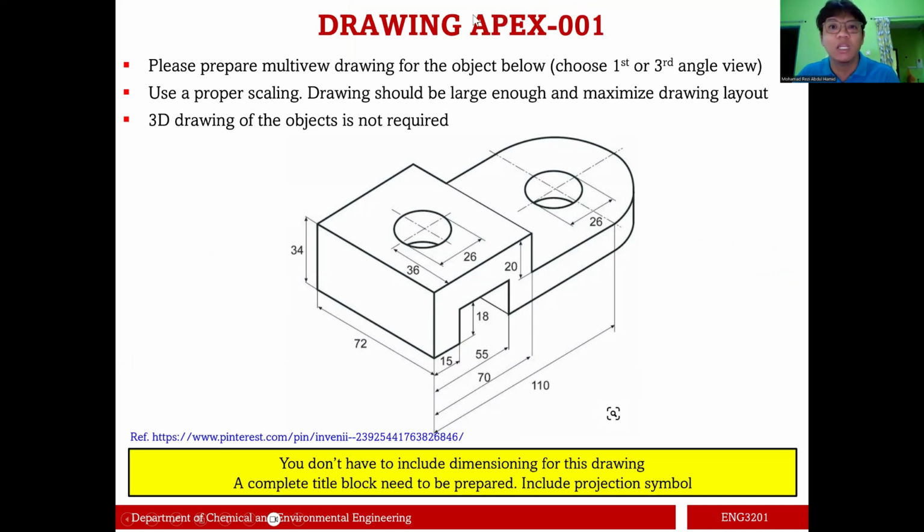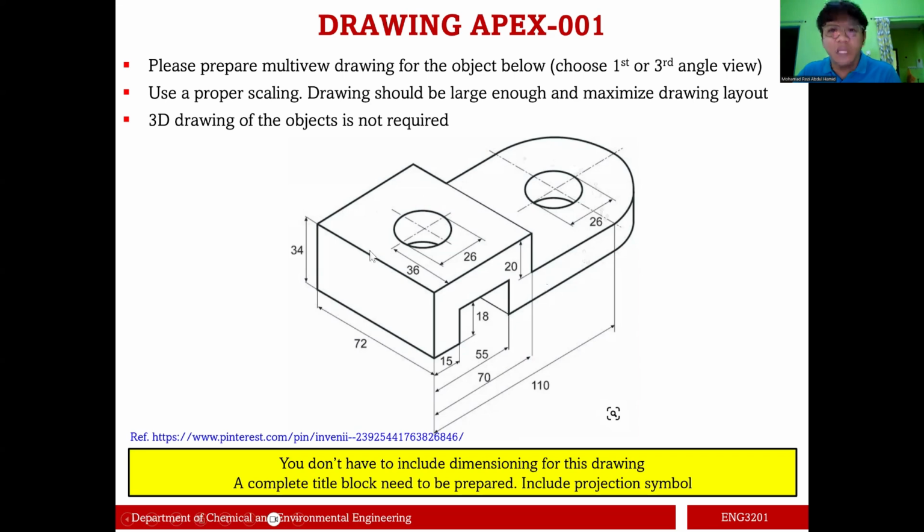The drawing number is ABX-009, 001. You are free to choose first angle or third angle view, but you have to make sure that you include the projection symbol that represents that particular view.